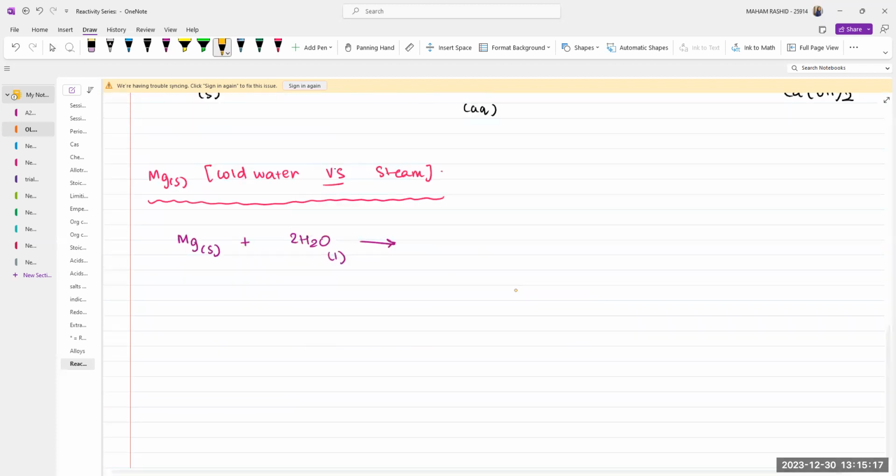So you will get magnesium hydroxide and hydrogen gas.